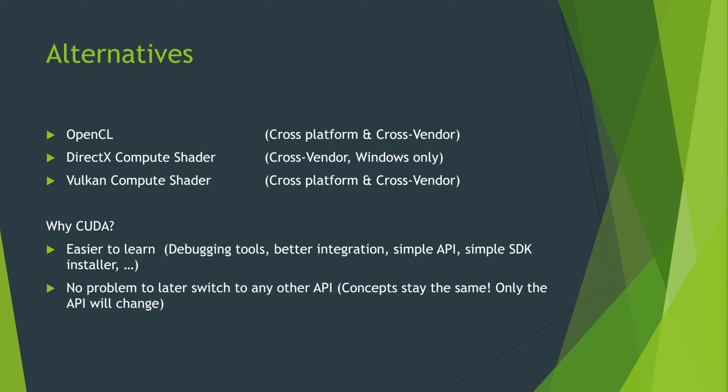So what are alternatives that you could use? The most popular alternative to CUDA is probably OpenCL. It is cross-platform and cross-vendor, which means it can run on any GPU and on any platform, or at least most of them. The organization behind OpenCL is the same organization behind Vulkan, Khronos, and they take care that everything is supported.